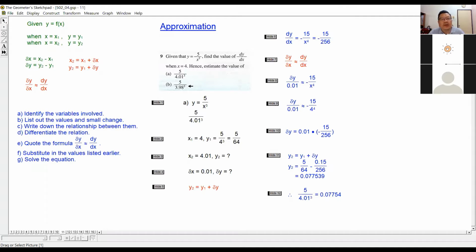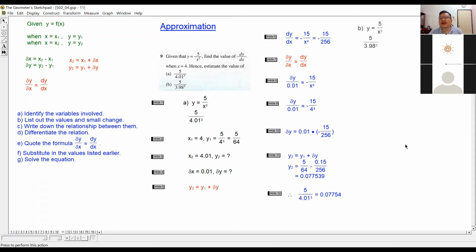So to find the delta x, you use 3.98 minus the 4 here, which is negative 0.02. This is a negative number, which means the value has decreased, or the small change is a negative number.